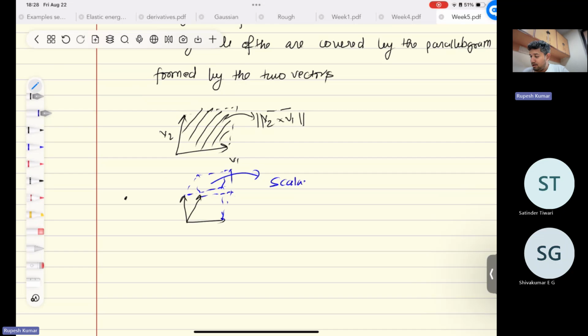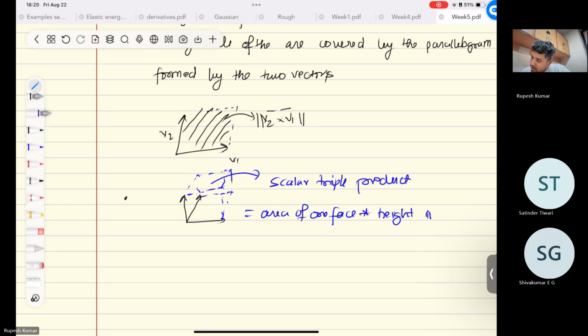That is given by the scalar triple product, which is nothing but the area of one face multiplied by the height in the direction perpendicular to the plane.